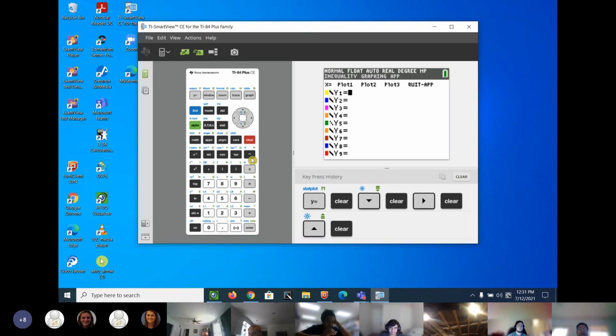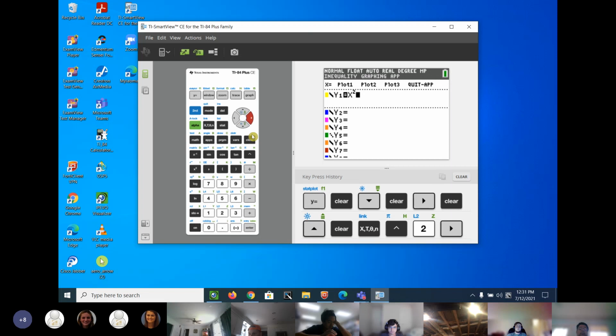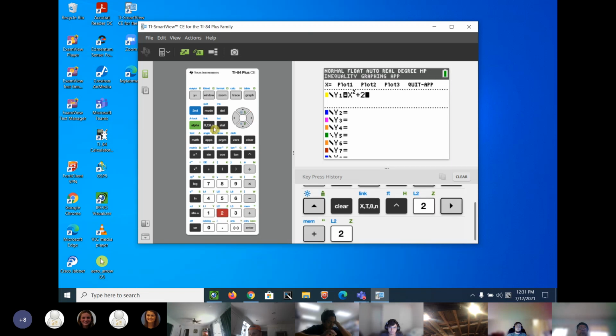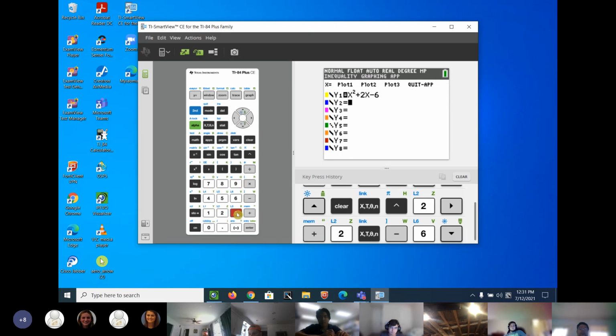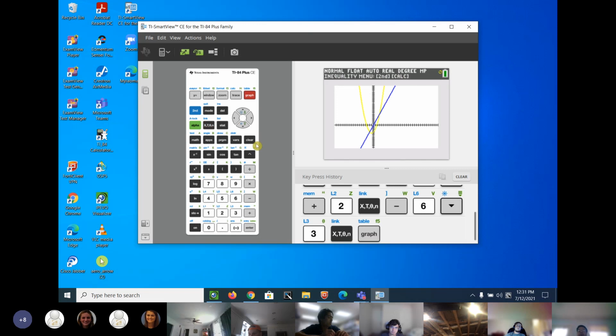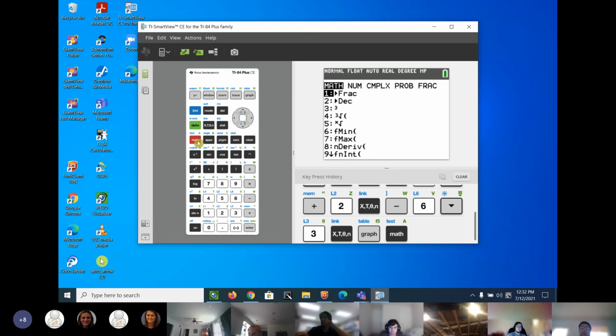All right, x squared plus 2x minus 6 and 3x, and just graph it. Y'all see there it is. And you want this little area right in here. And you got your point. So you can go to Math and go down to Integration.